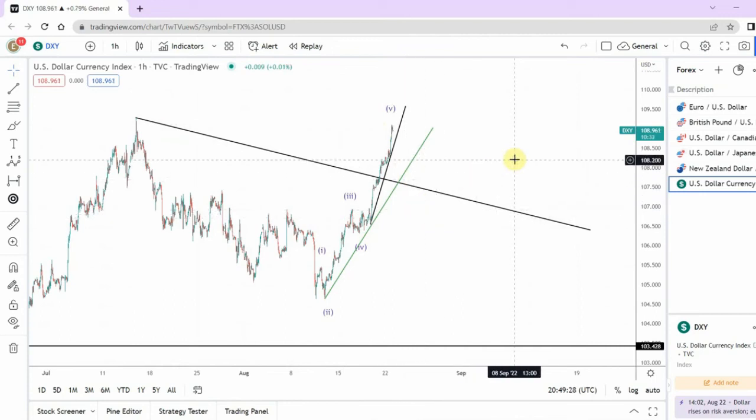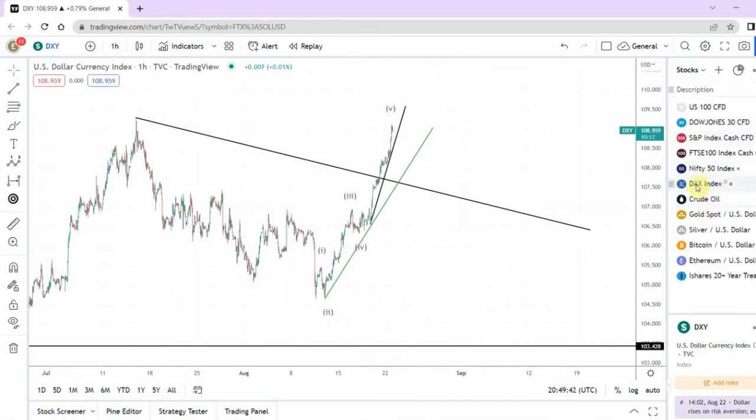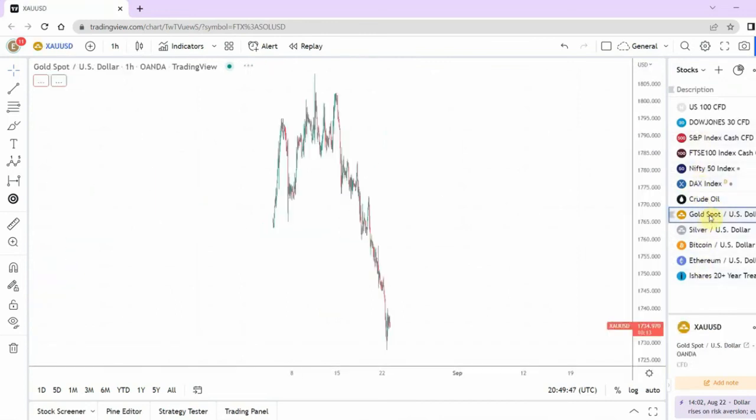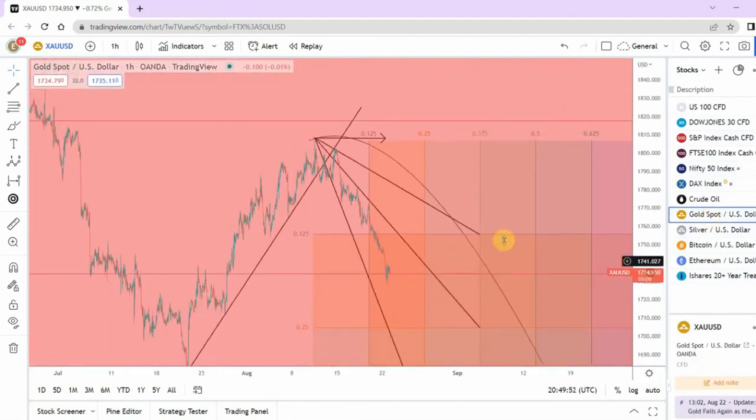And gold, let me have a look at gold. Gold, I think, is going to be moving along with the Japanese yen. Stocks, crypto, this is one. Let's have a look at gold. All right, here it is, and I'm expecting a deeper price movement for gold right now too.